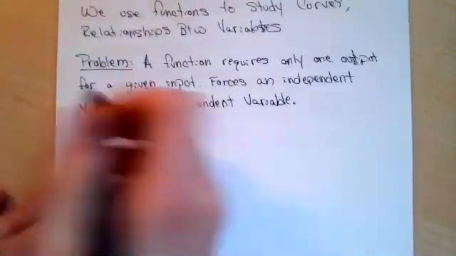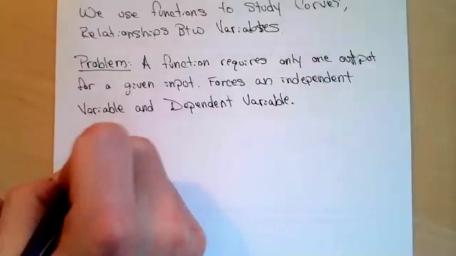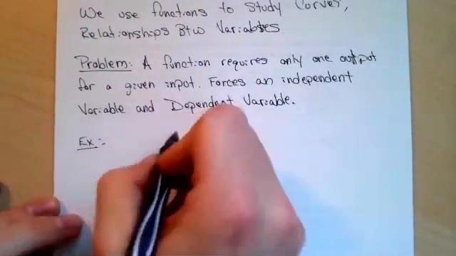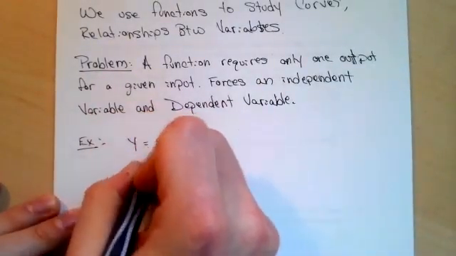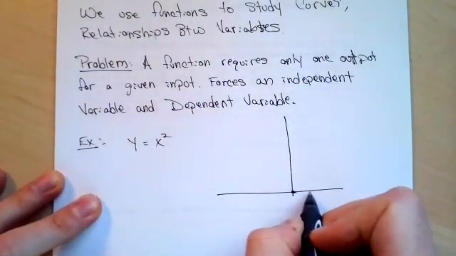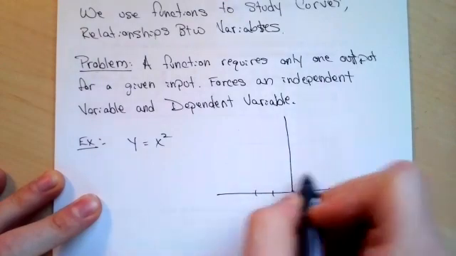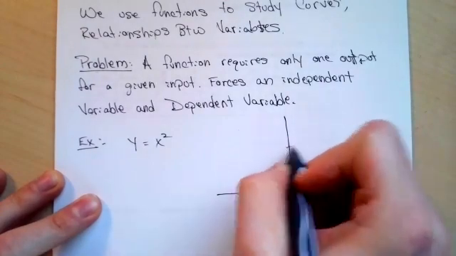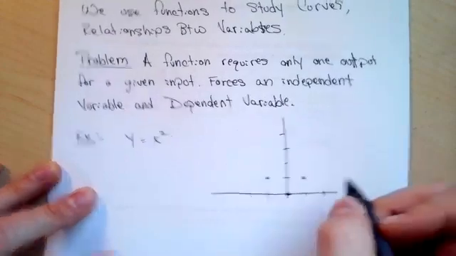So, of course, for our common examples, let's just stick with parabolas. We have y is equal to x squared, and of course, we all know what that looks like. We've got our parabola.